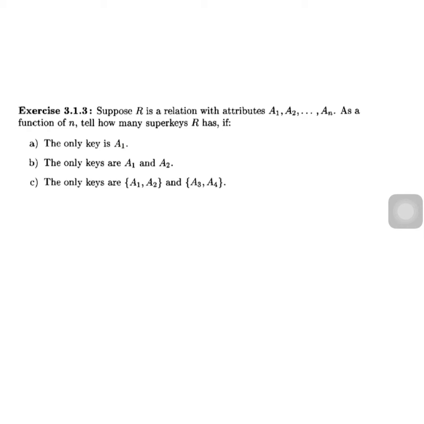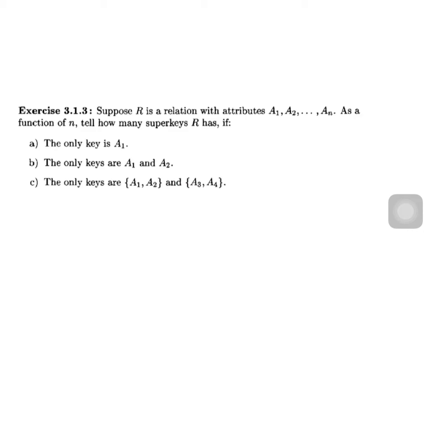Now the second question. Suppose R is a relation with attributes A1, A2, up to An, which means R has n attributes. As a function of n, tell how many superkeys R has if the only key is A1. The only key is A1, and a superkey is a superset of a key.